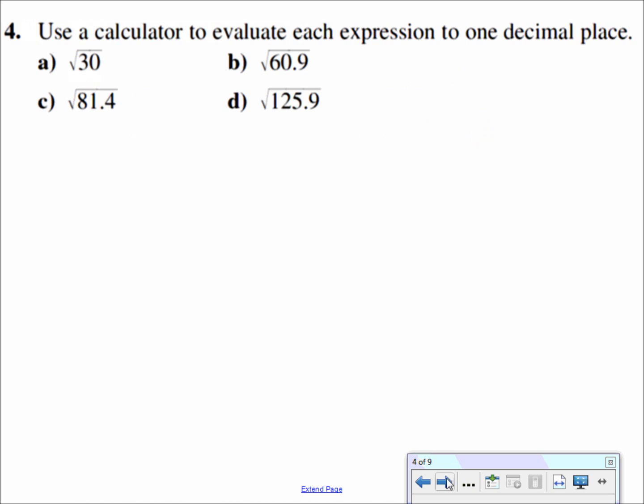All right. I use the calculator to evaluate each expression to 1 decimal place. You guys just follow, so check my answers, right? Square root of 30, to 1 decimal place, I would get 5.5. I would get 7.8.